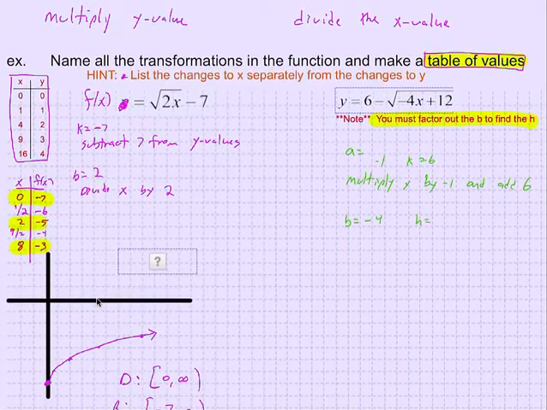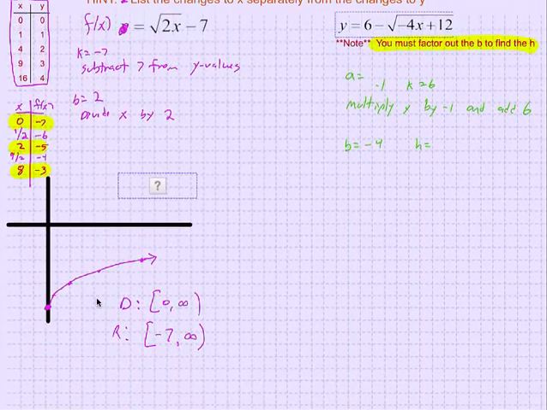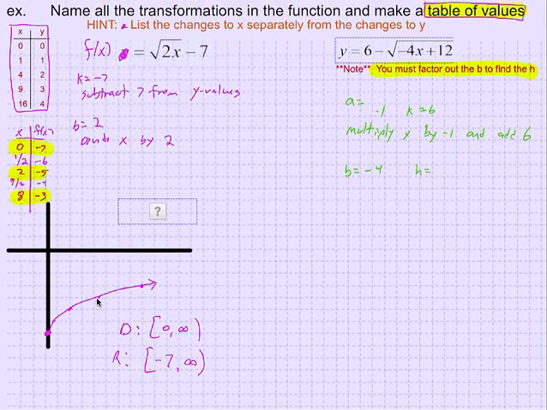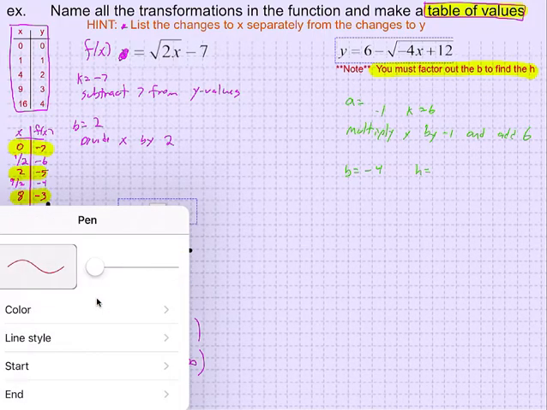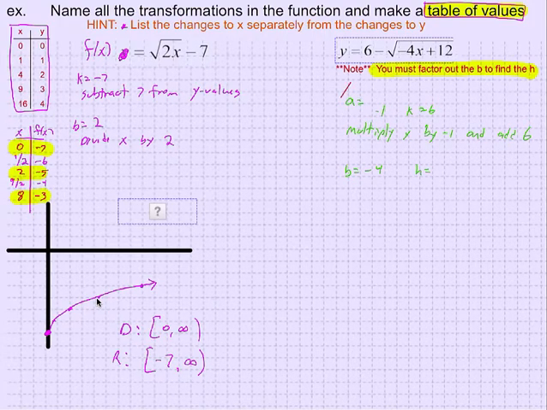So we will talk more about factoring in a couple of weeks. It's a little bit out of order here, but hopefully you remember a little bit from Algebra 1 how to factor out a GCF. So what I'm going to do is rewrite this function. I'm going to give it a name too, so I can give the name in my table. You don't have to. You can call it y if you want, but I'm going to call it g of x.